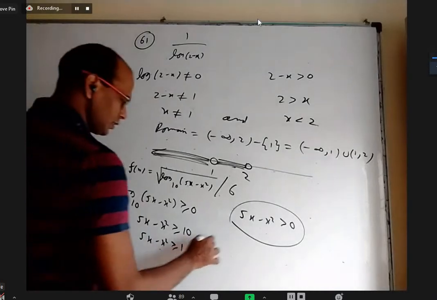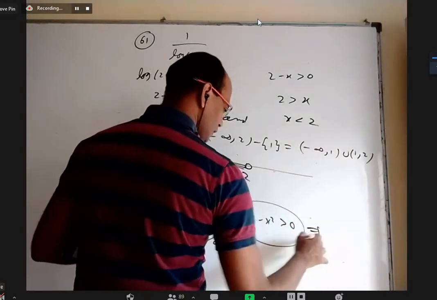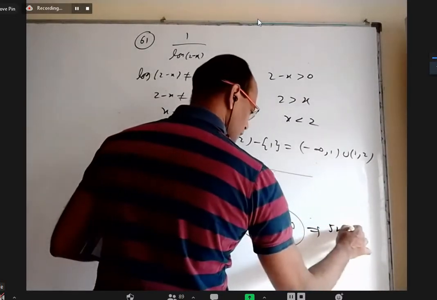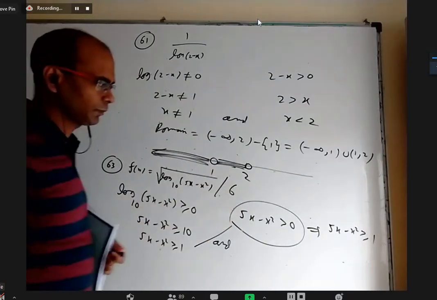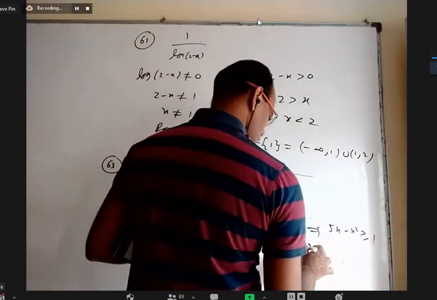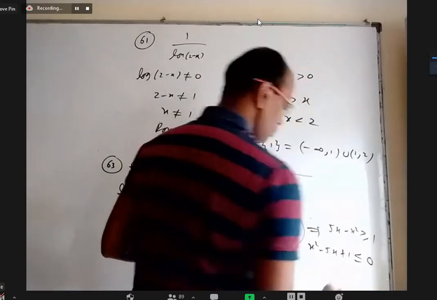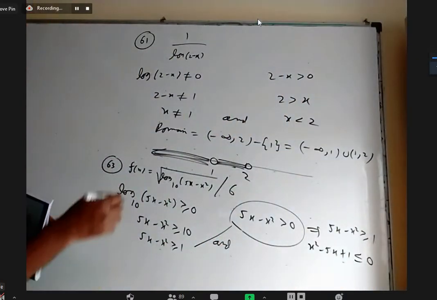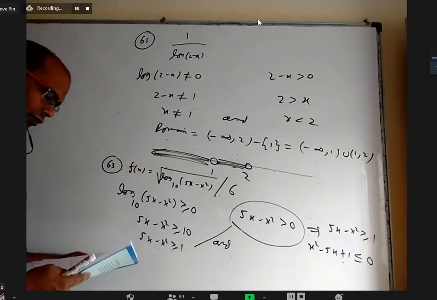So when I take this and this, finally I will get 5x minus x square should be greater than or equal to 1. If it is greater than 1, automatically it is greater than 0. So this is x square minus 5x plus 1 less than or equal to 0. I have to find the roots, which may come in surds, and then between the roots I have to take.